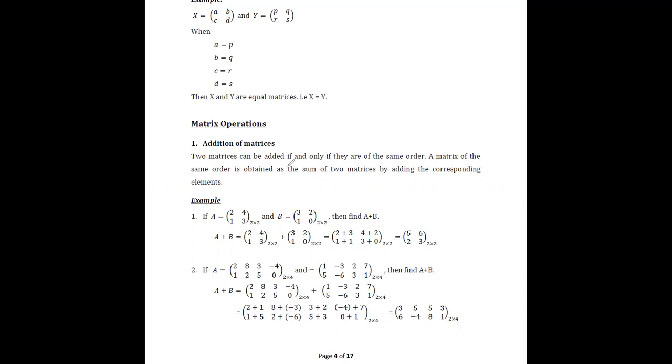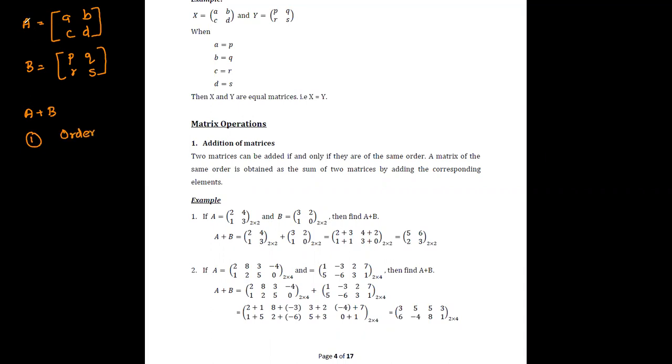If you look at this clause, let us say we have two matrices, A with elements A, B, C, D, and B is a matrix having the elements P, Q, R, and S. If you need to add these two matrices, the first condition that should be satisfied is the order of the matrices.